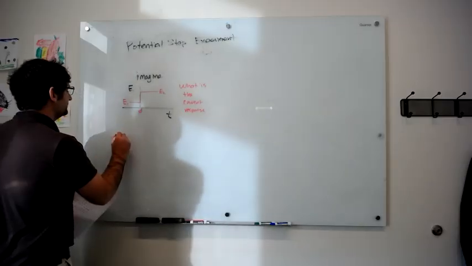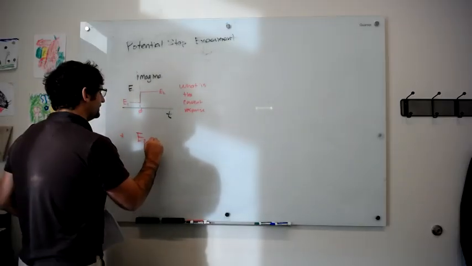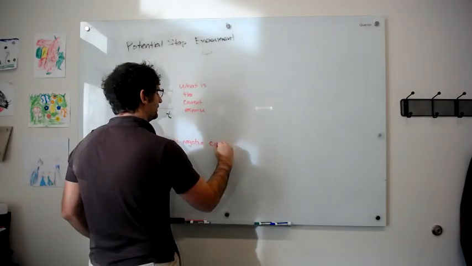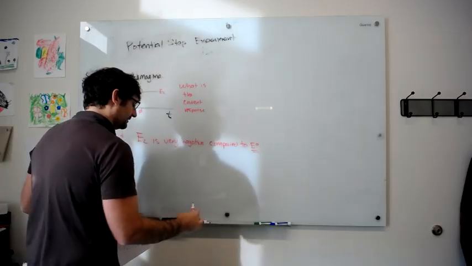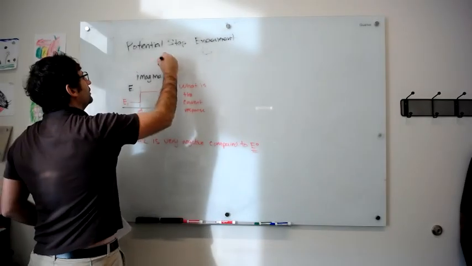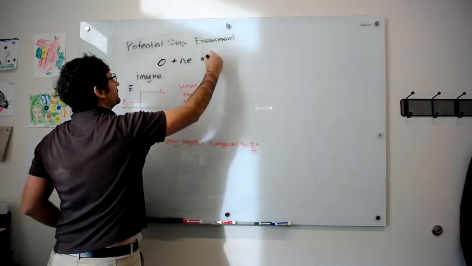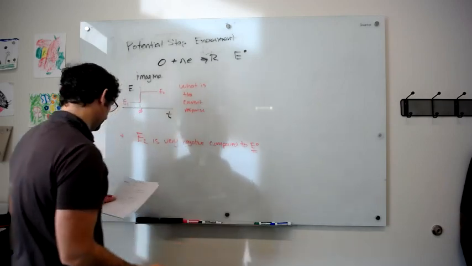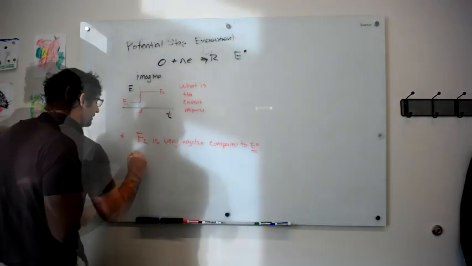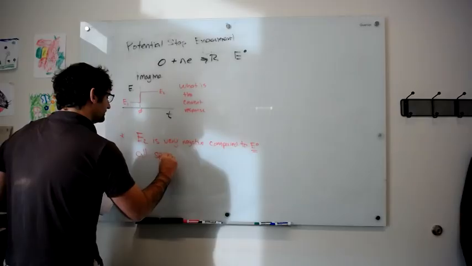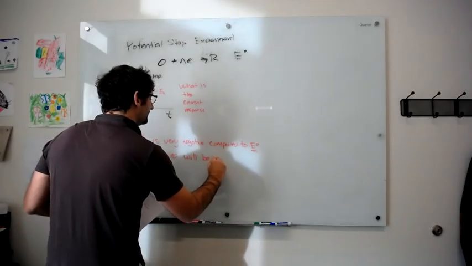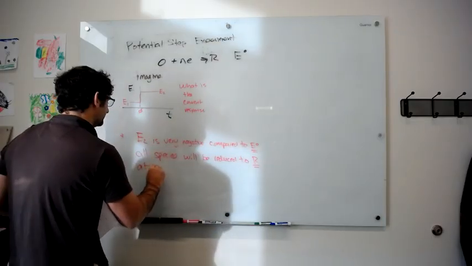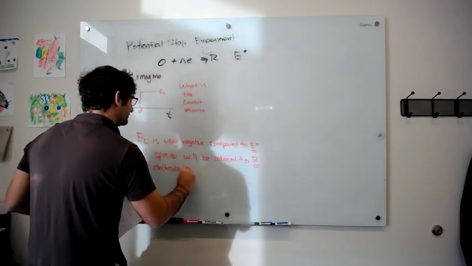So let's imagine E2 is very negative compared to E0, and that's E0 for the reaction O plus electrons goes to R. If this is very negative of E0, the redox couple, all species will be reduced to R at the electrode surface.